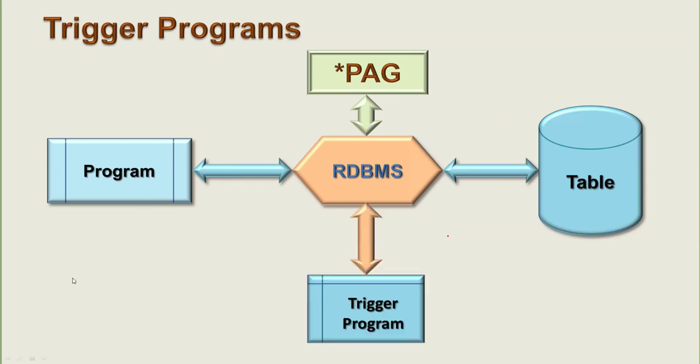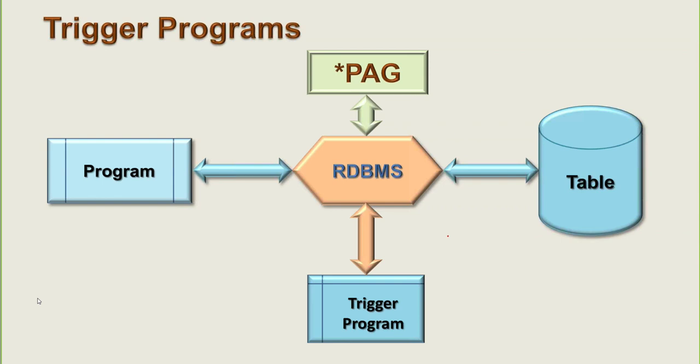If there are, the RDBMS will do a number of things. The first thing it will do, it will apply the requested insert, update, or delete to the table. It will then look and see which triggered programs have been defined.